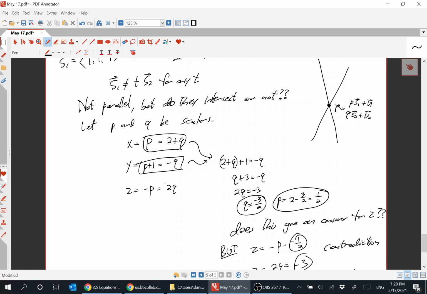Okay, and then the first two parametric equations should give you a unique solution for those two unknowns. It might not. It might give you a not unique solution, in which case you should be able to get a solution for the Z. But here they gave me a unique solution, and it doesn't work for Z. So two unknowns, all I need is two equations. The third equation is either going to be redundant or is going to give me a contradiction.